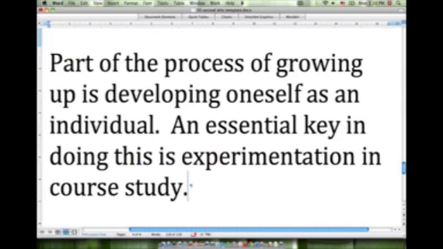Now we're going to pinpoint the actual argument that we're going to make, and this will be in response to our essay question.